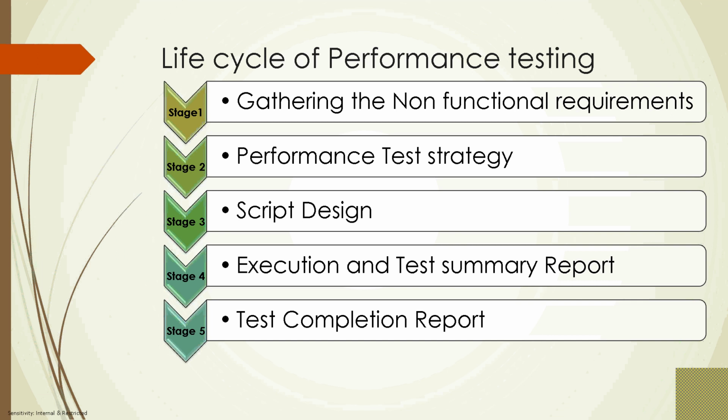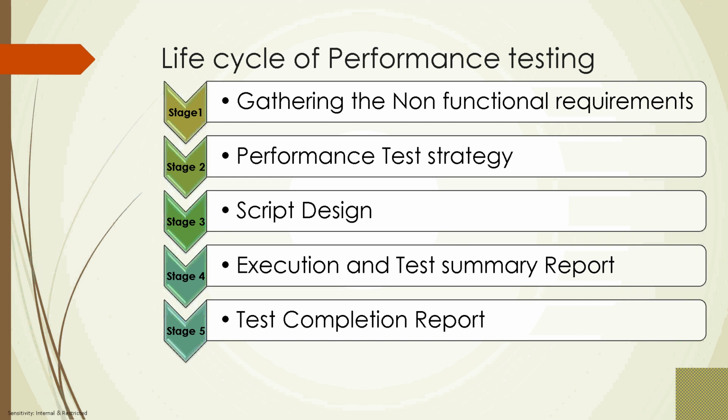All these things will be carried out at the time of execution, and then we will provide a basic test summary report. Once your execution is over, you will get a rough report, like what is the maximum, minimum, and 90th percentile, how many failures have occurred and how many passed transactions there have been. We will collect and consolidate these things in a simple Excel sheet, and we will cover it in the later part.